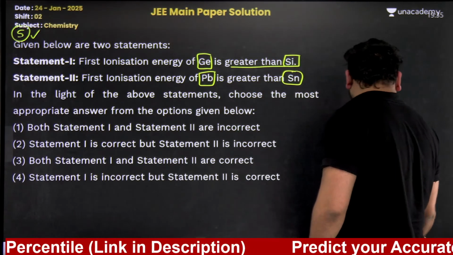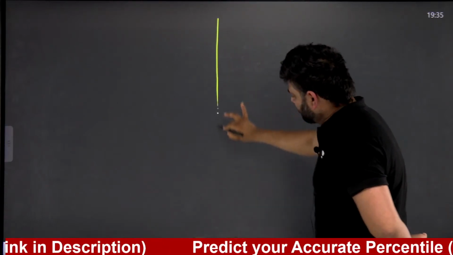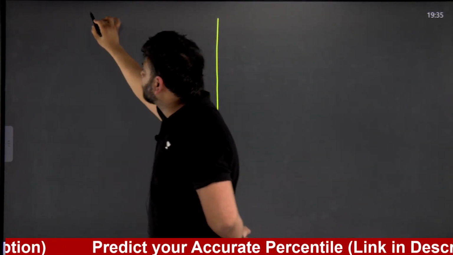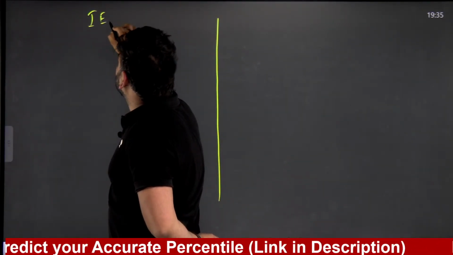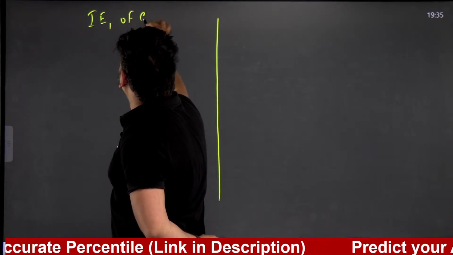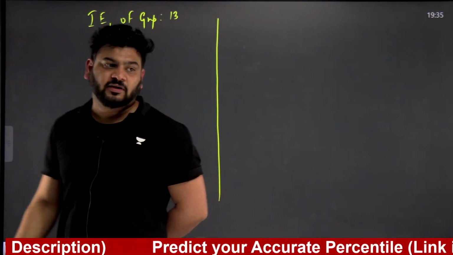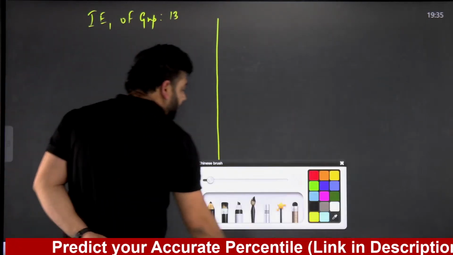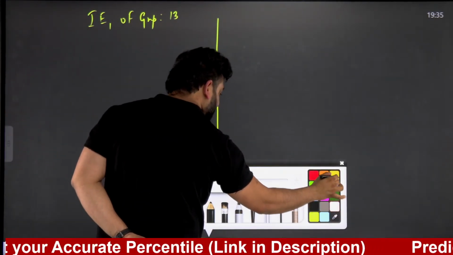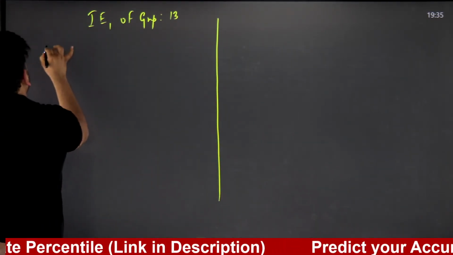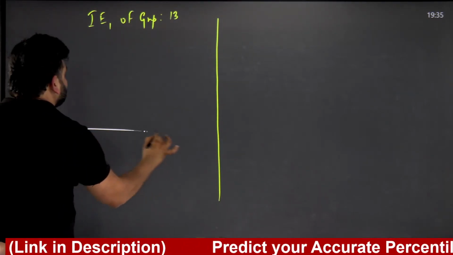See, first I must write the ionization enthalpies, I1, of group number 13. First, let's see it for group number 13. And I usually learn the ionization enthalpies in this way.